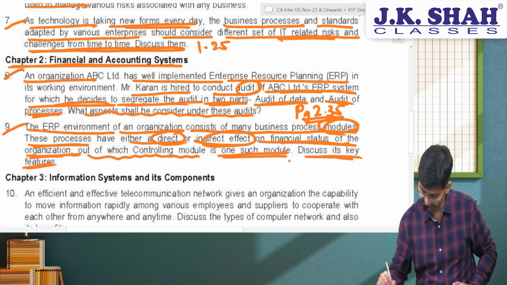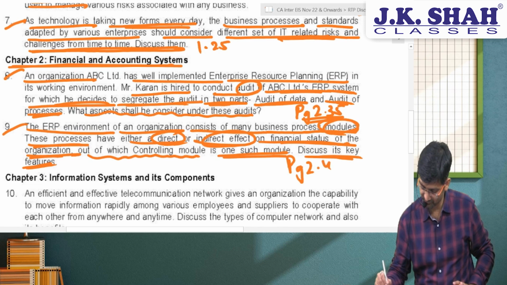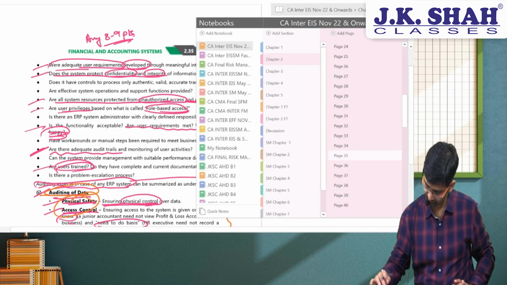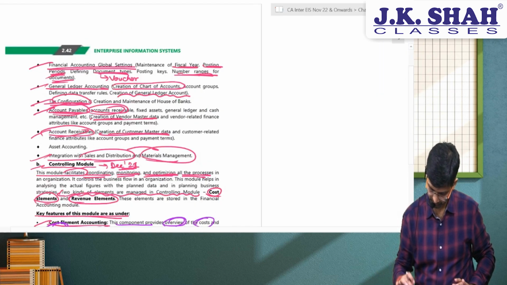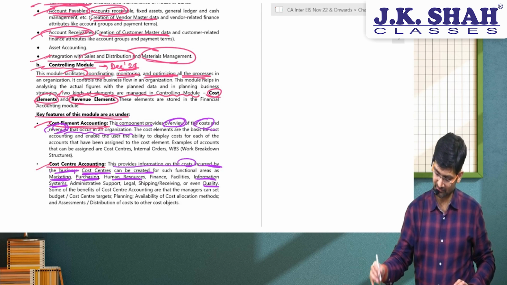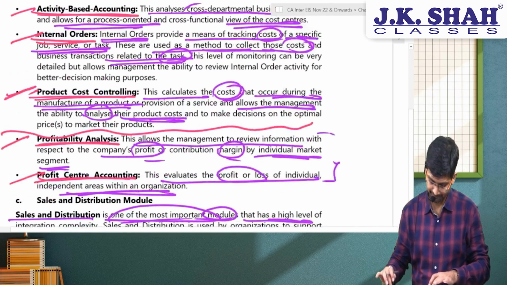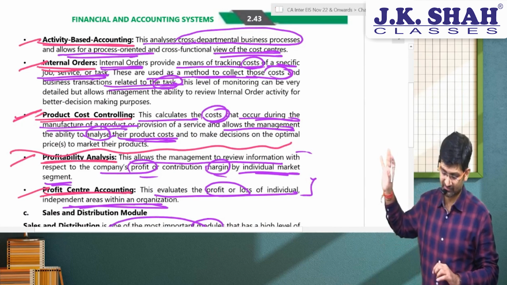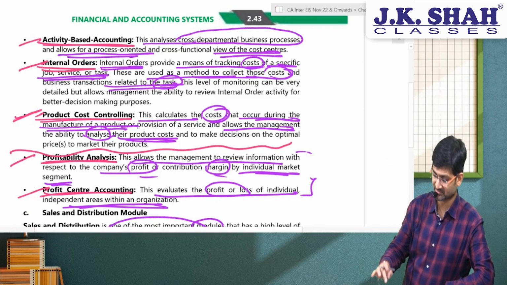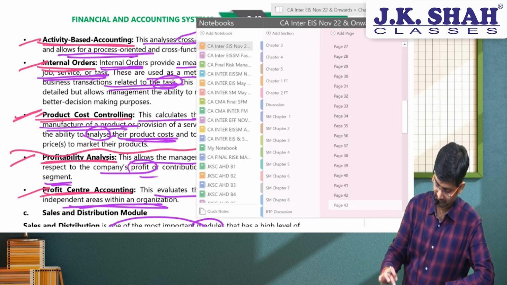Okay, this is page 2.42, just to give you a quick look into it. Okay, controlling module, the cost element, the cost center modules. Then you had activity based, internal order wise, product cost controlling, profitability and profit center analysis.